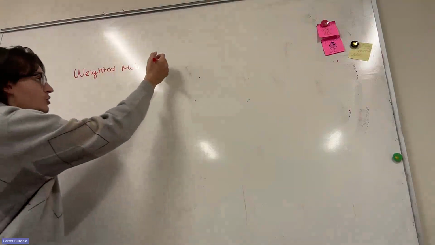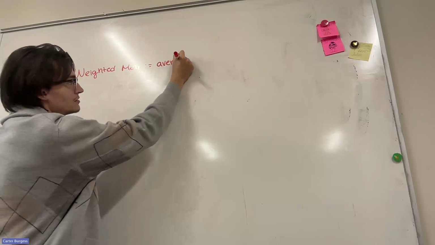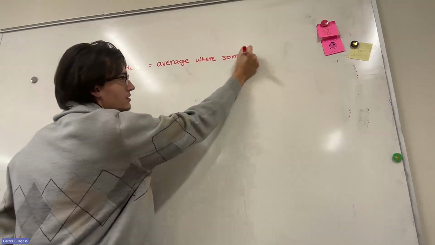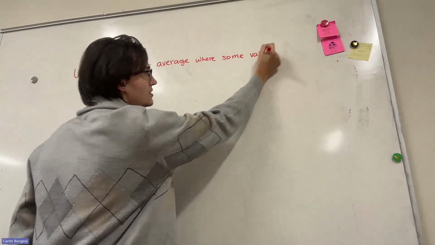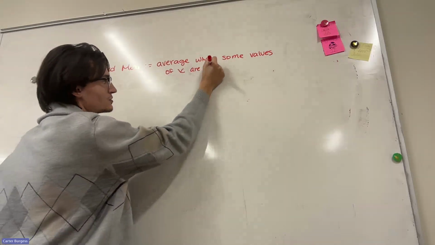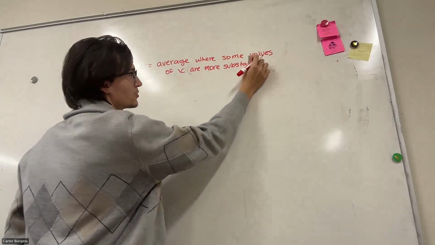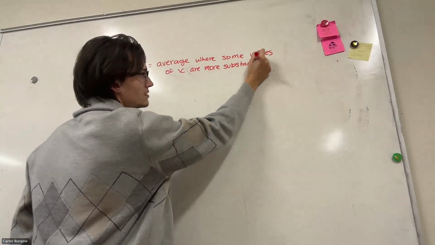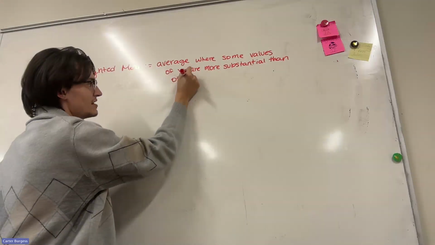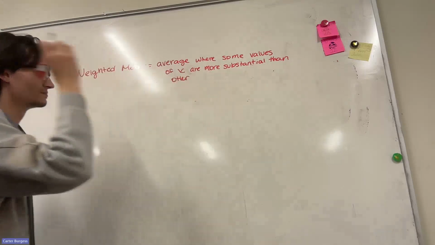So a weighted average, or a weighted mean, is an average where some values of x are more substantial than others, which is to say that they are weighted differently.